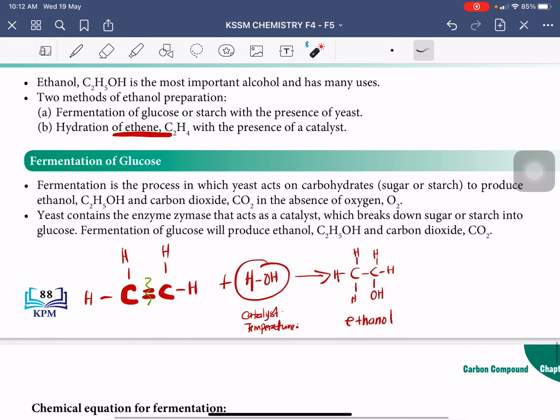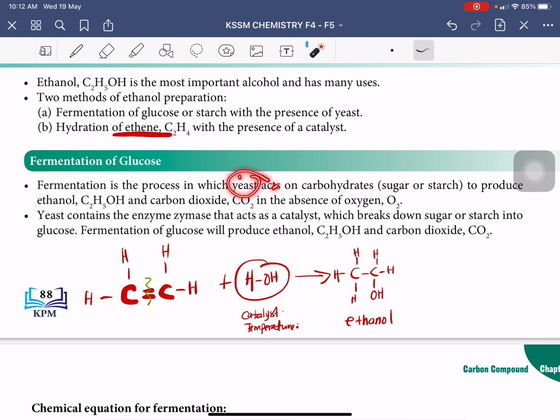Okay, so let us discuss fermentation of glucose first. Fermentation, penapaian, is the process in which yeast acts on carbohydrate, bertindak balas ke atas karbohidrat. Carbohydrate is sugar or starch.